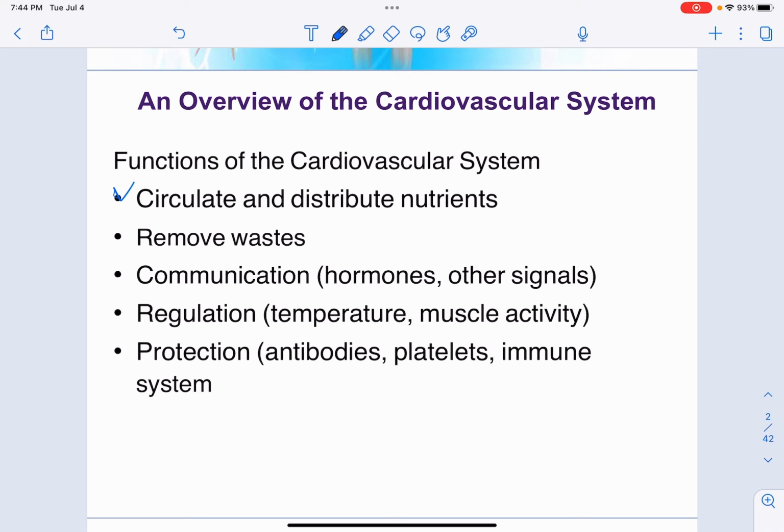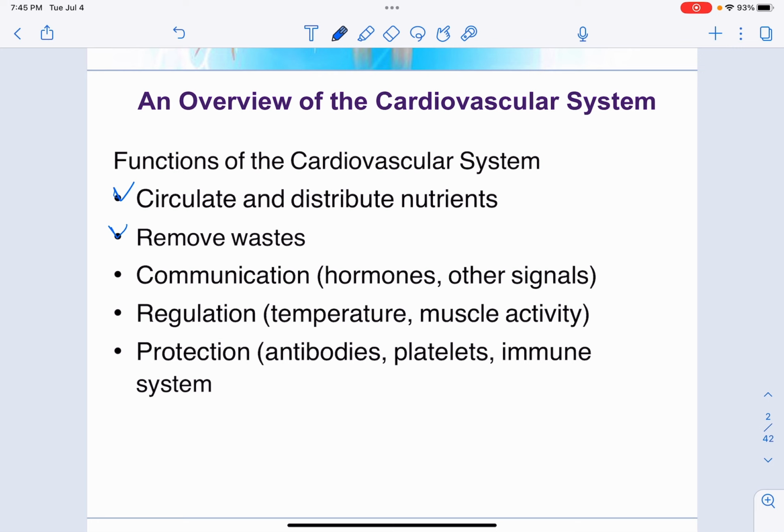But once larger multicellular organisms began to evolve with more specialized tissues, it became a bigger problem. So the circulatory systems with and without pumps evolved to deal with distributing nutrients like oxygen or glucose. And it's also equally important to be able to remove waste, which is another function of the cardiovascular system.